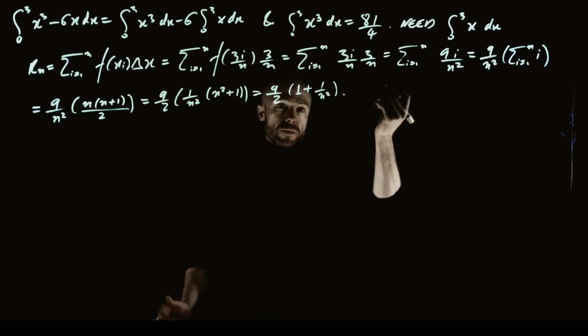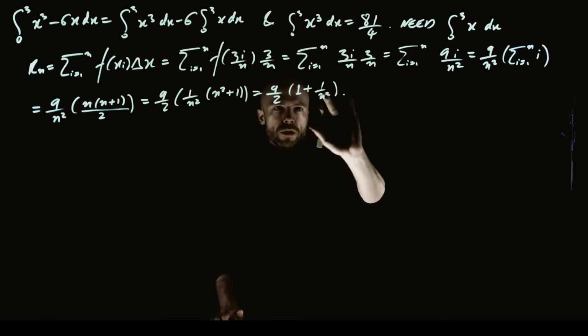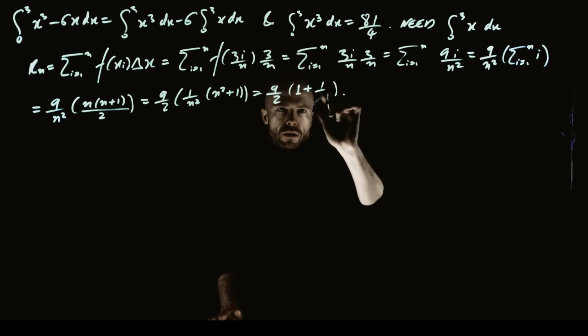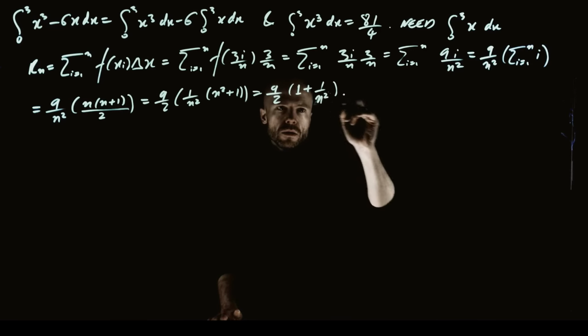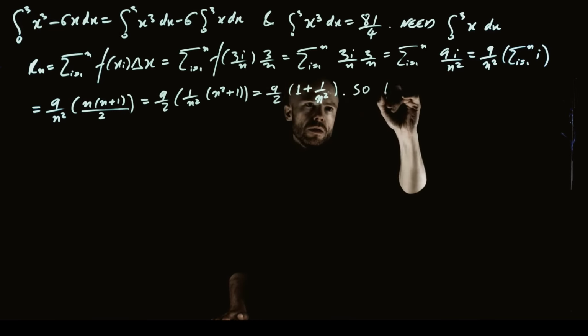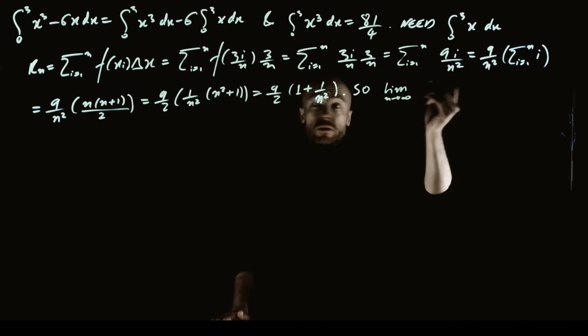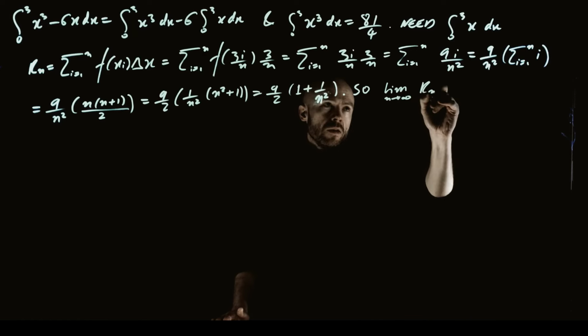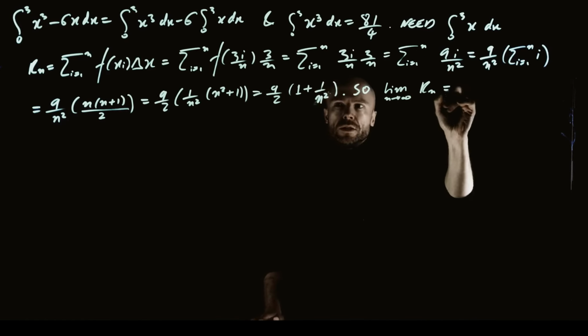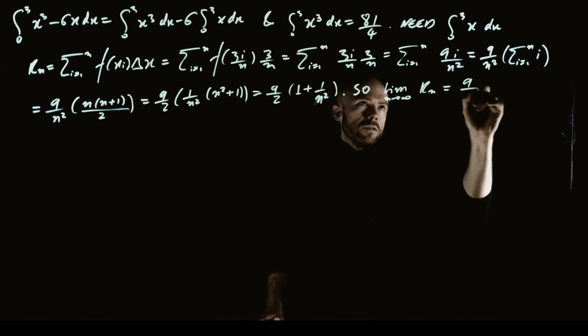And then this is an easy expression to understand the limit of. Let me write that in a bit better. So the limit as n goes to infinity of this Rn, which is the Rn for this guy, is just going to be 9 over 2.